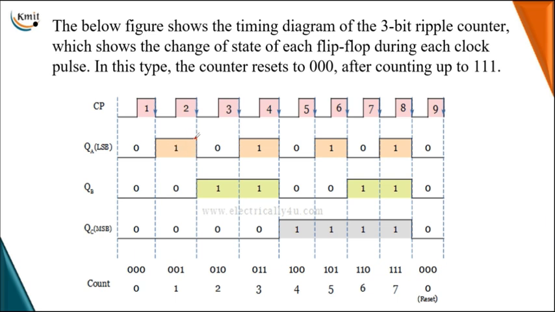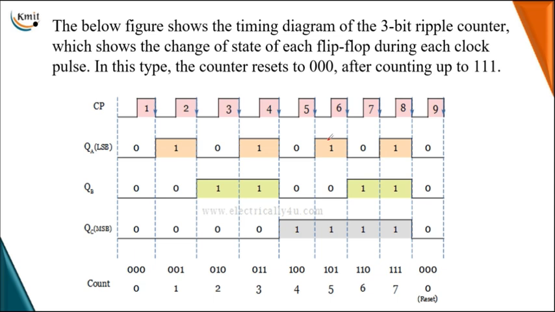On the second clock pulse it turns back to logical 0, on the third clock pulse it turns to logical 1, on the fourth clock pulse negative edge it comes back to 0.